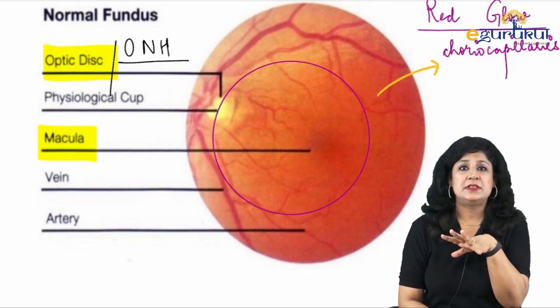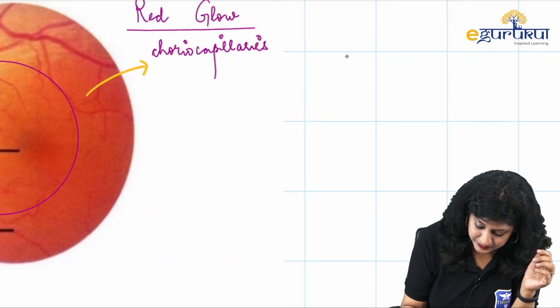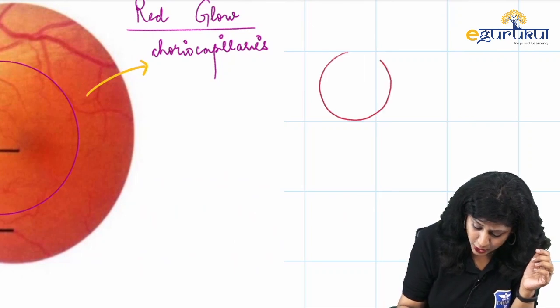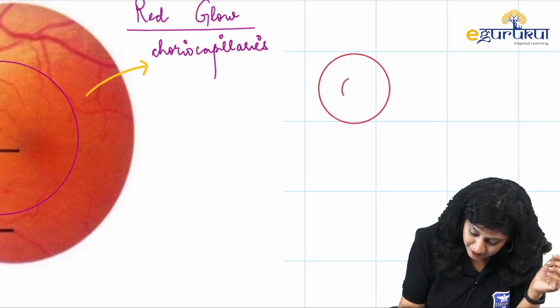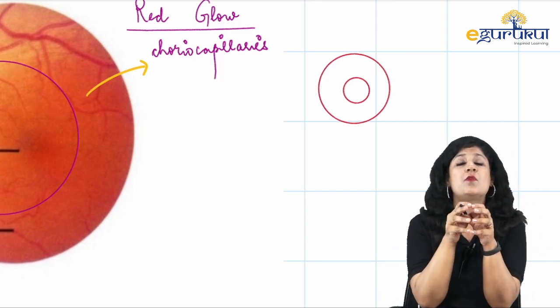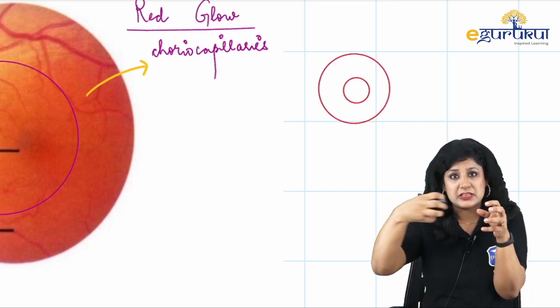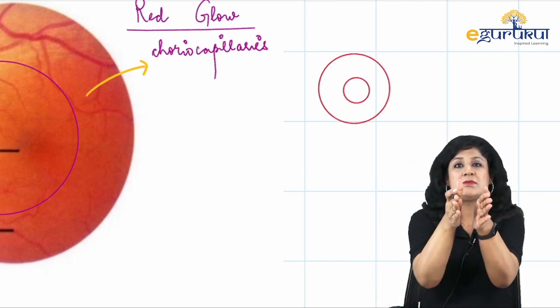And what happens if you look at the structure of this optic disc? Suppose this is your optic disc. Here we also have a central hollow in between. Why? Because the nerve fiber layer that is continuing to form the optic nerve is going something like this.